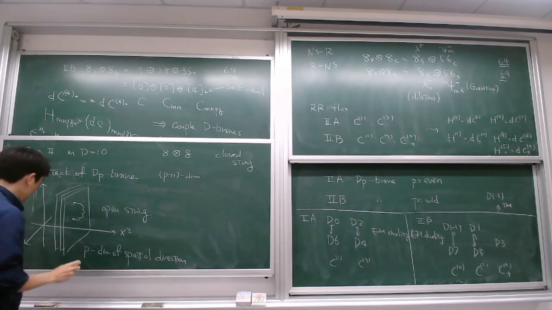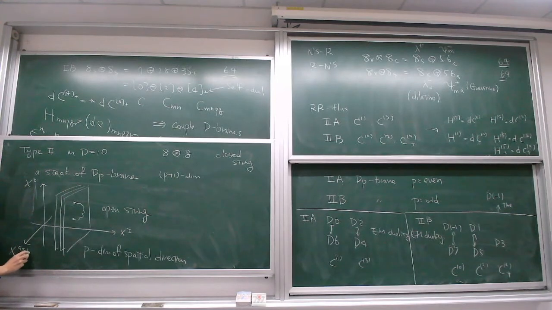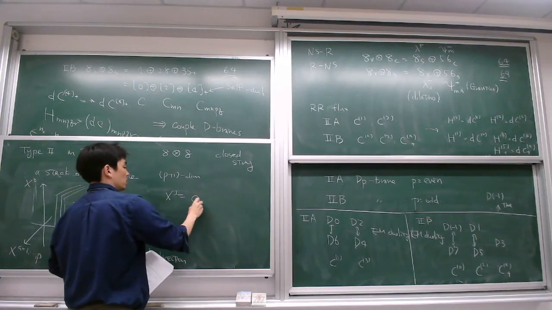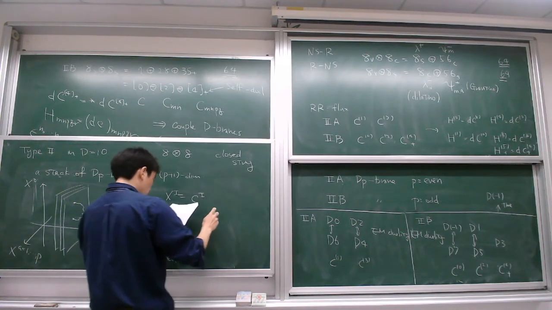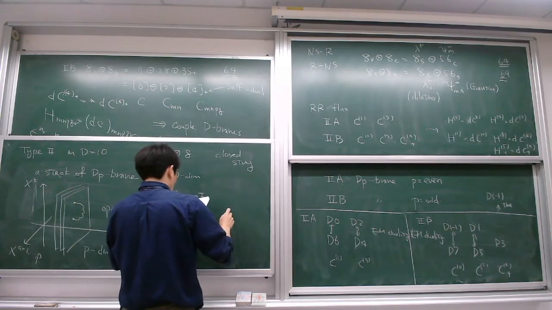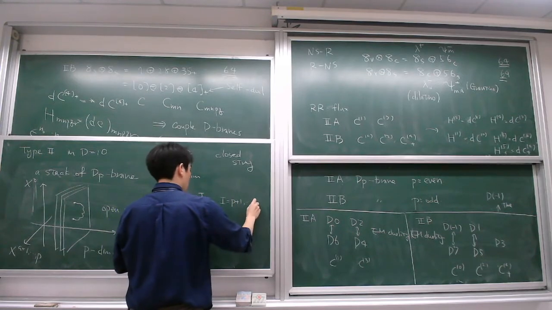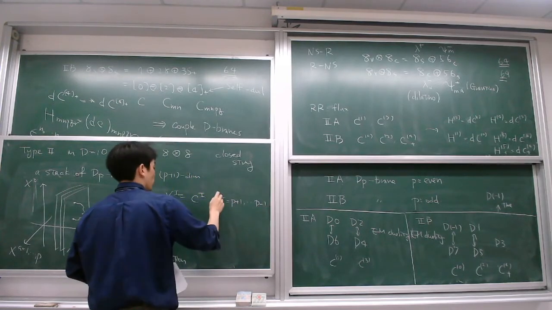Then a runs from 1 to p. So this is a p plus 1 dimensional object. And the position of x^i has to be fixed. So this is the Dirichlet condition. x^i has to be fixed. i runs from p plus 1 to 9. Okay, so this is the Dirichlet condition.